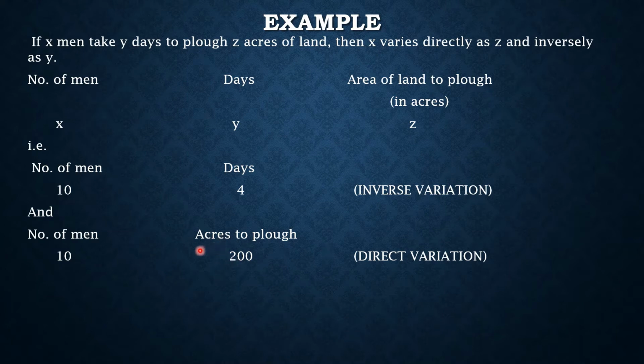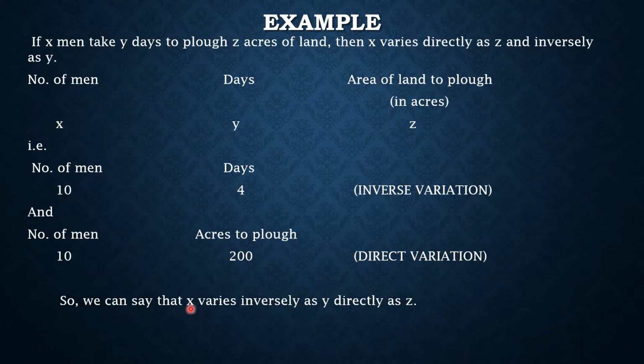So more men plow more area. So this variation is direct variation. So we can say that x varies inversely as y and directly as z. So this forms joint variation.